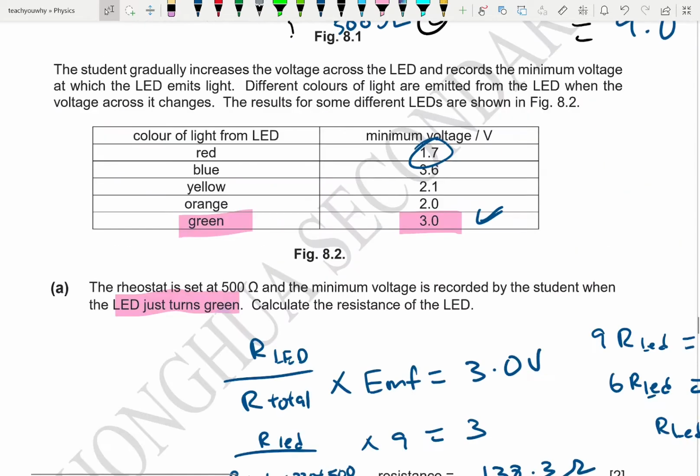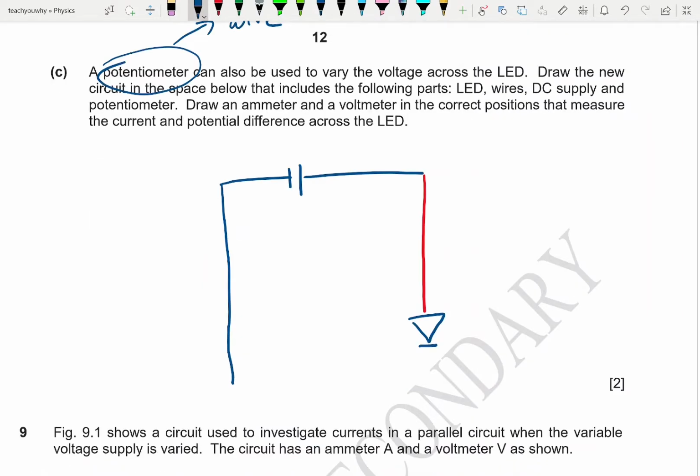Hold on, let me see the symbol for LED. Okay, and then we have a wire.